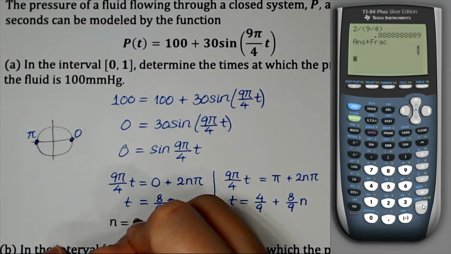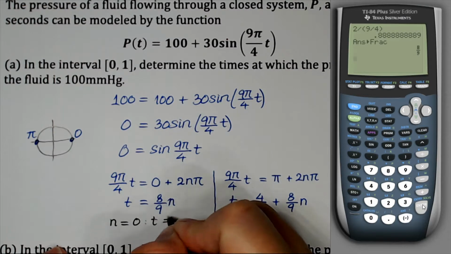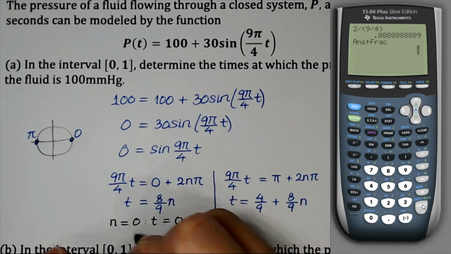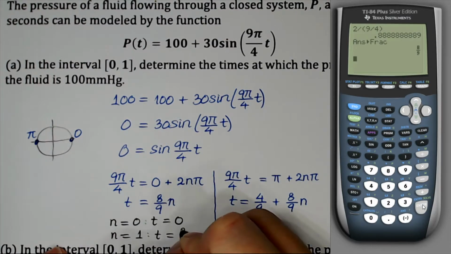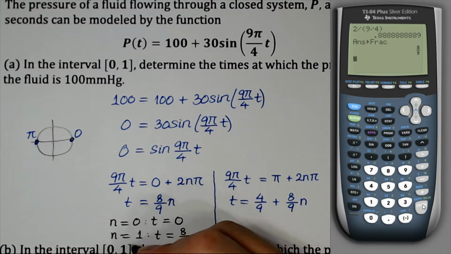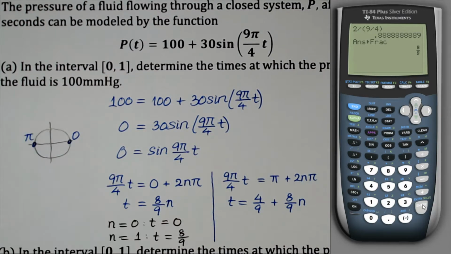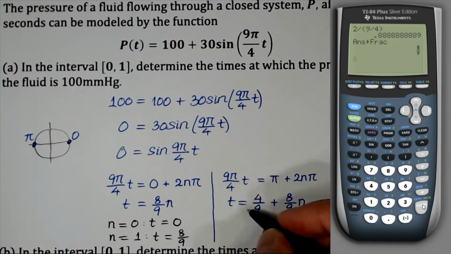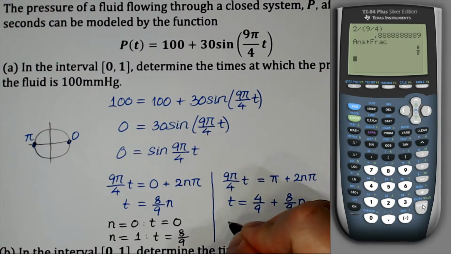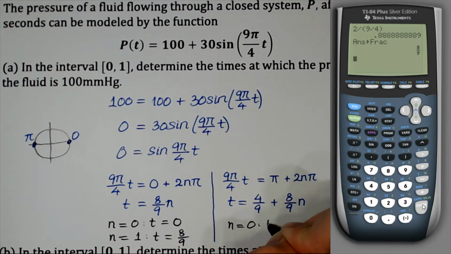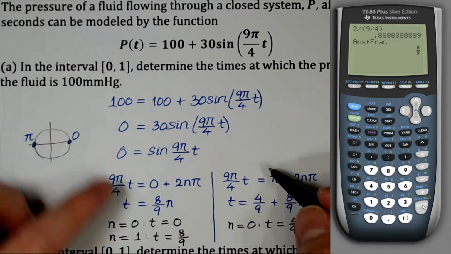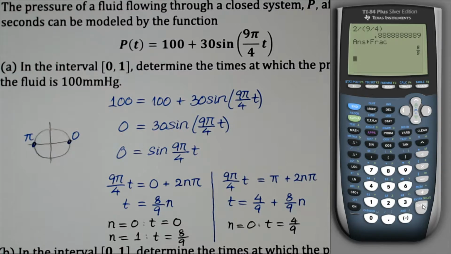We have an application problem here where we just need to solve a trigonometry equation. So first, if we read the prompt, the pressure will be P, and the first one is going to be 100. So we have 100 equal to P, and we have 100 plus 30 sine of 9 pi over 4 t.